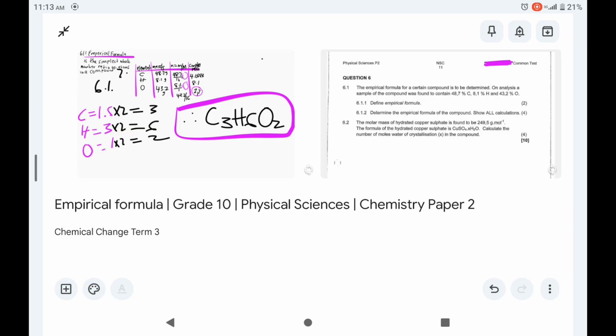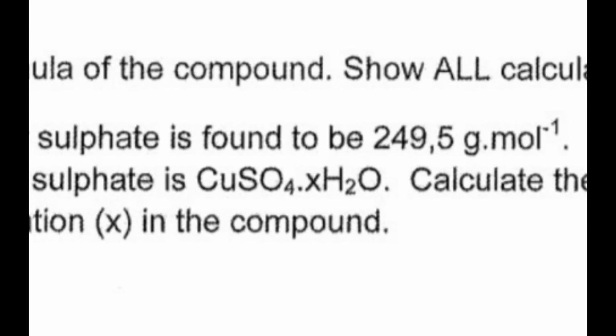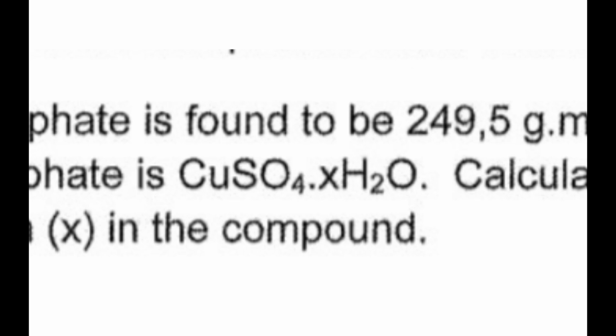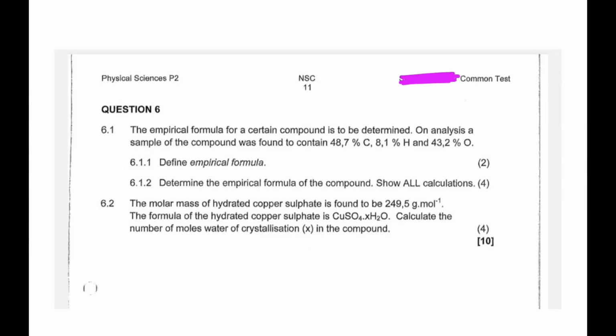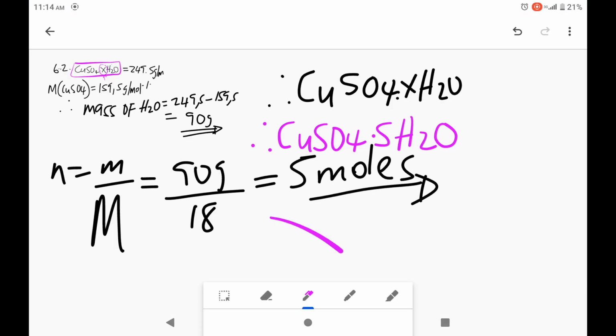It's very important that you learn how to determine this x in the compound CuSO4.xH2O. I only had these 10 marks to show you how you can do it.